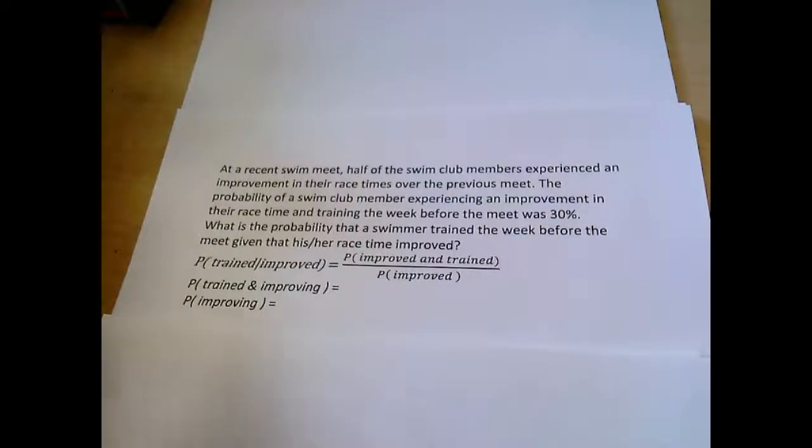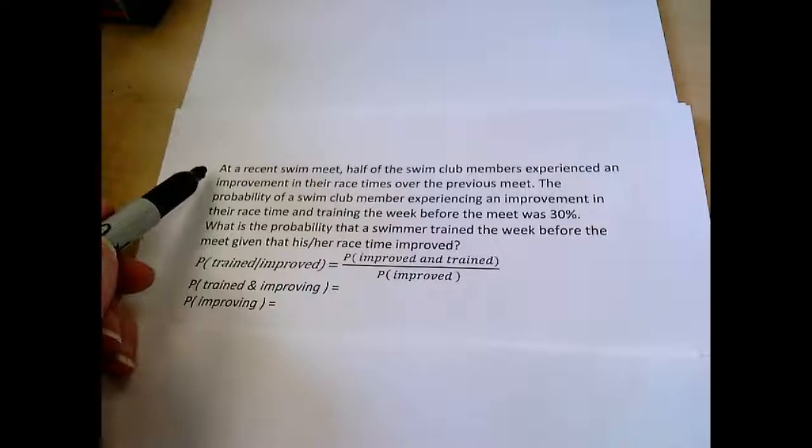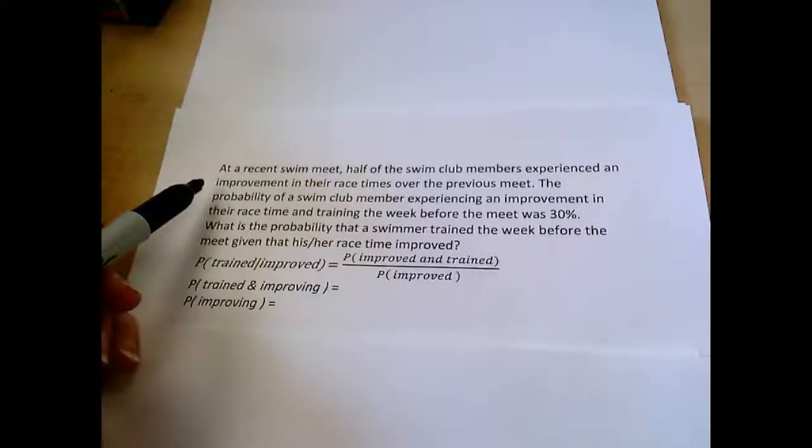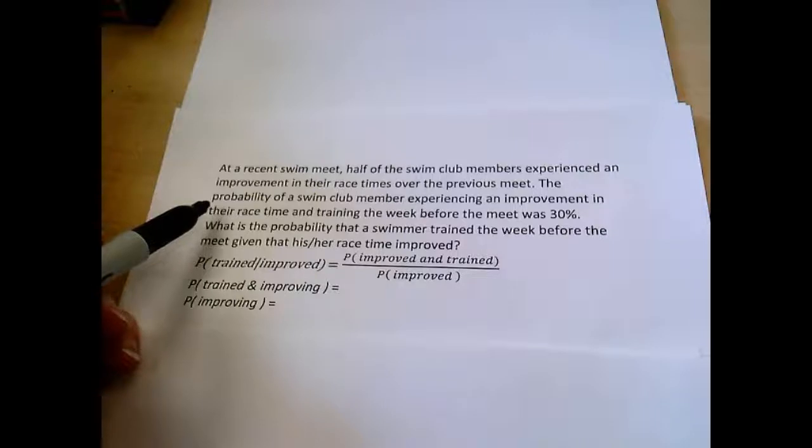So my example of this probability is at a recent swim meet, half of the swim club members experienced an improvement in their race times over the previous meet. The probability of a swim club member experiencing an improvement in their race time and training the week before the meet was 30%.